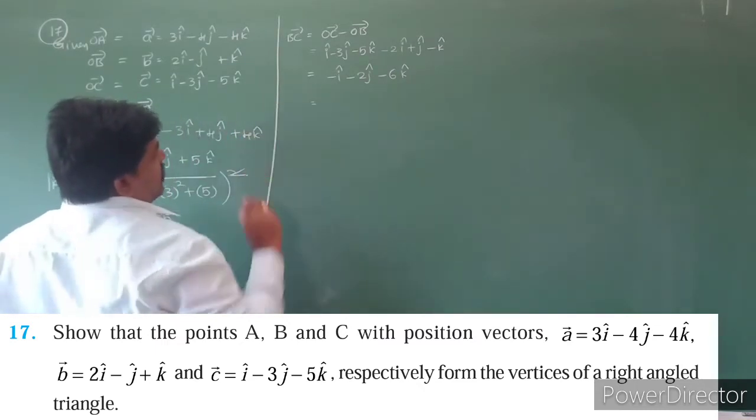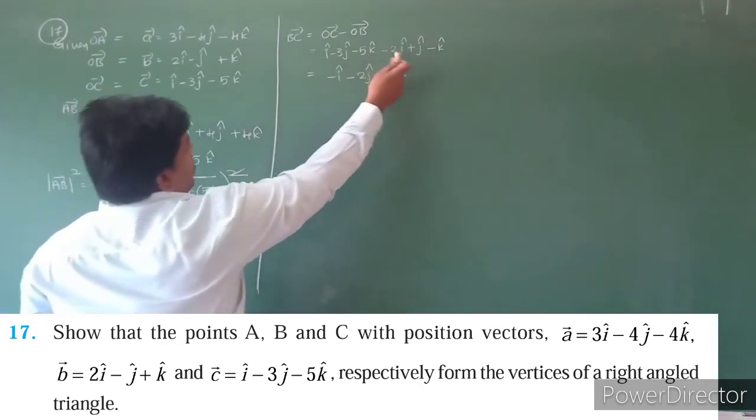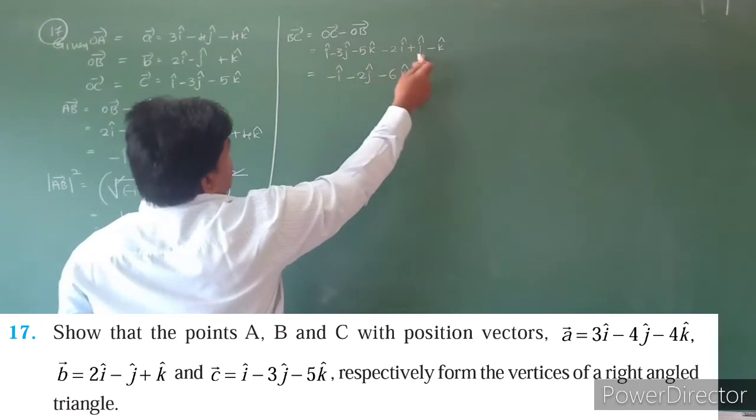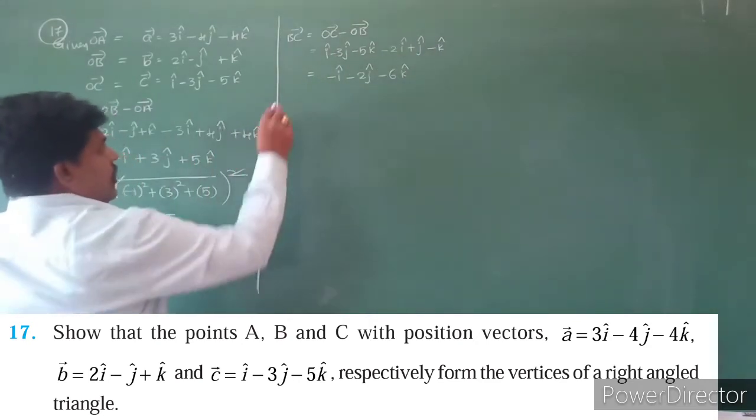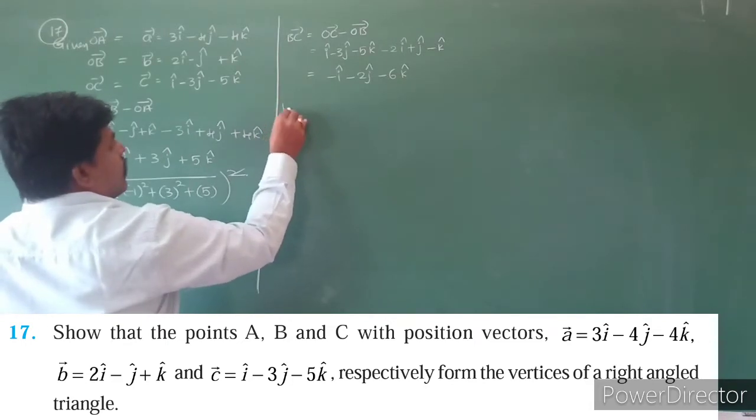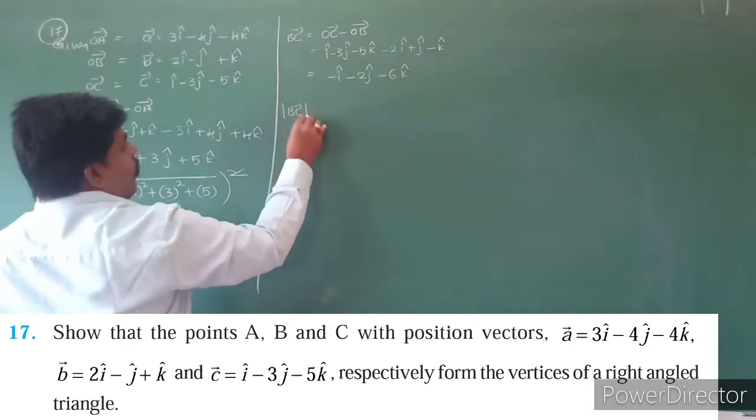So that is equal to: i minus 2i is minus i, minus 3j plus j is minus 2j, minus 5k minus k is minus 6k. Next calculate mod BC bar whole square.